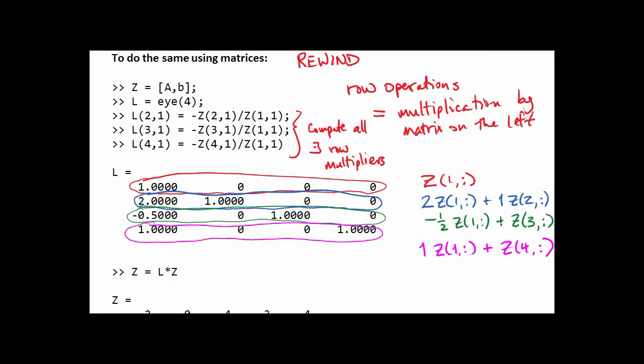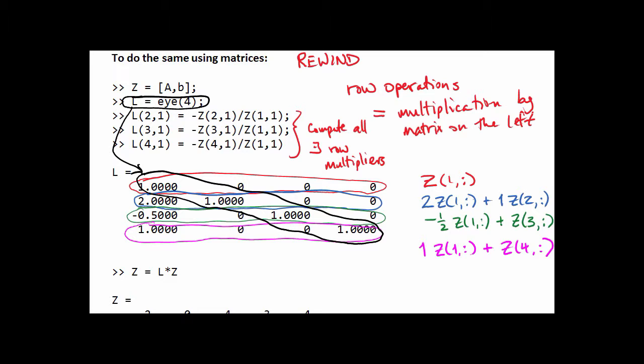One of them is always a 1 sitting on the diagonal. That's why I started out L as an identity matrix. Right? That's what this line was about. So that's because we're always taking a row plus some other row and adding it in.